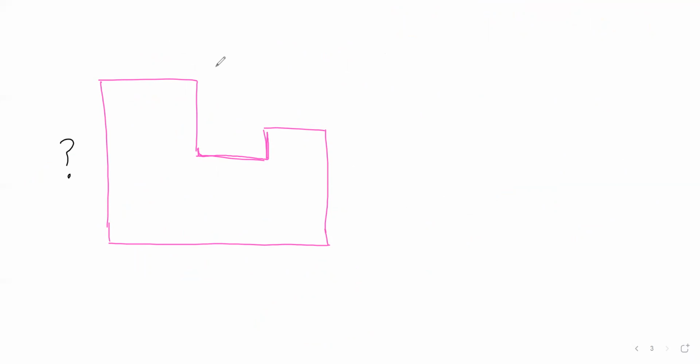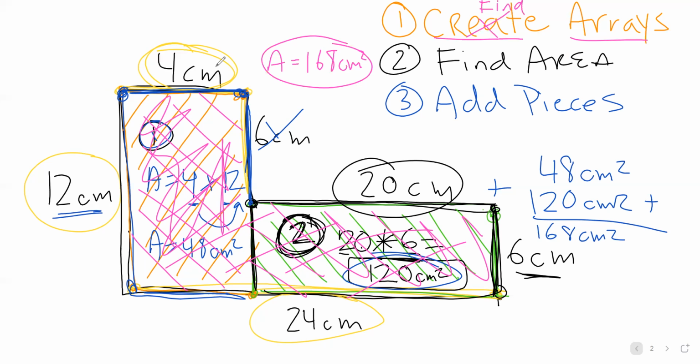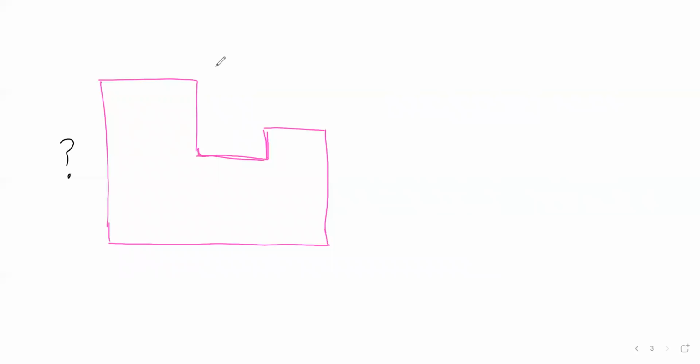Along the bottom here, what did we do last time? Centimeters? Let's do millimeters this time. So across the bottom here, we'll call this 8 millimeters, and the side over here is going to be 6 millimeters.